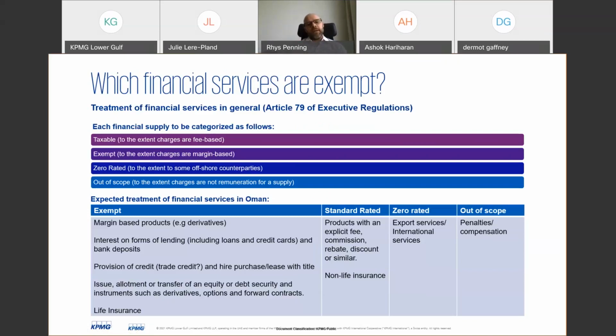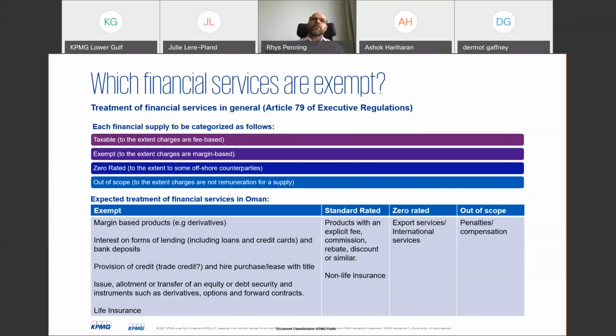If you remember, I was saying that we essentially reduce the question down to, is my output supply exempt or taxable? For it to be exempt, you must fall within Article 79. So the fact that you're a financial institution that is doing something that meets the ordinary definition of a financial service, that's not enough.